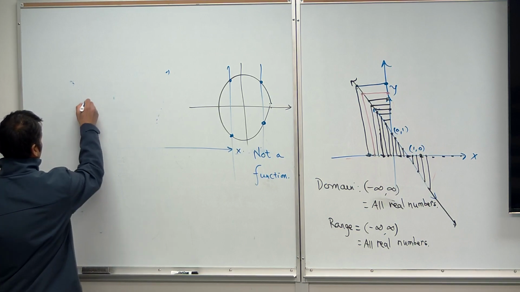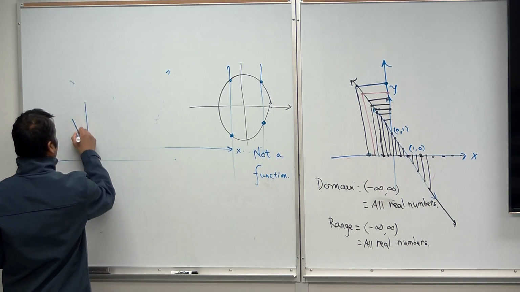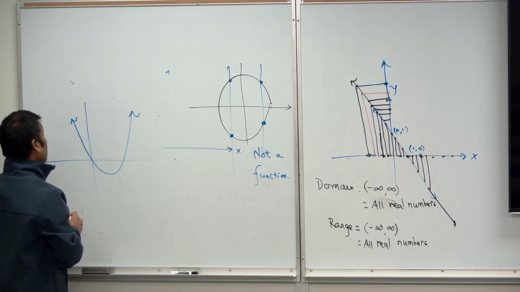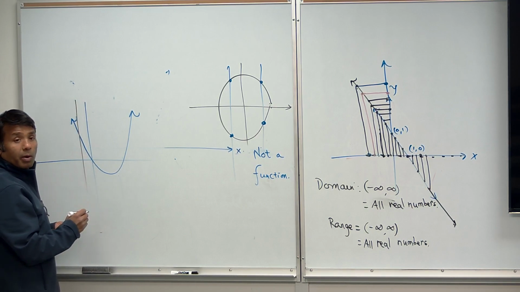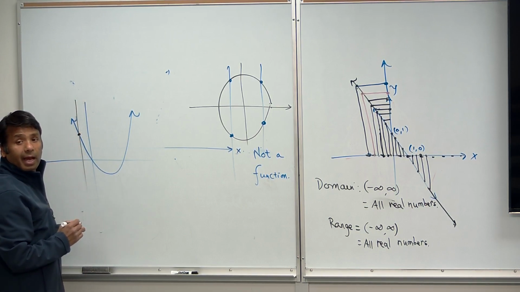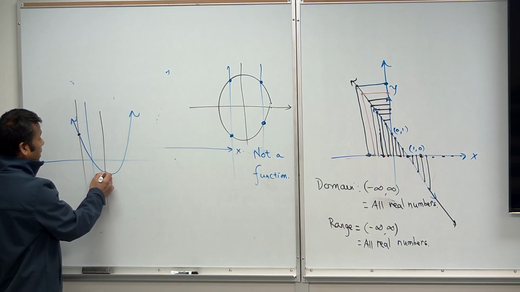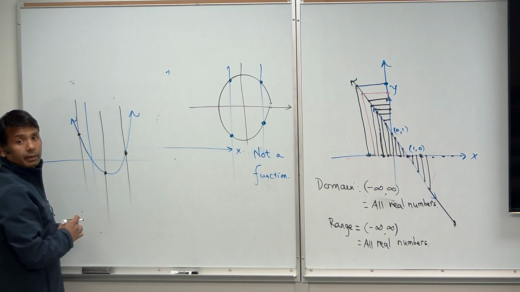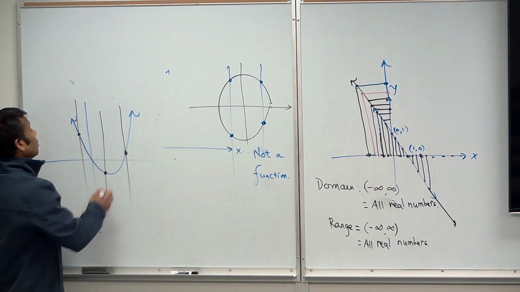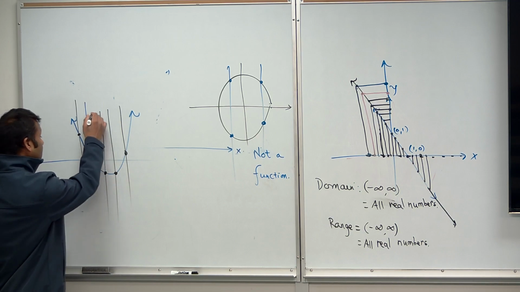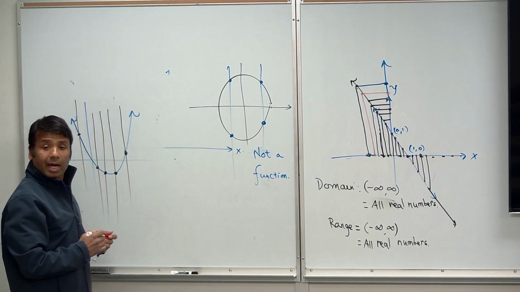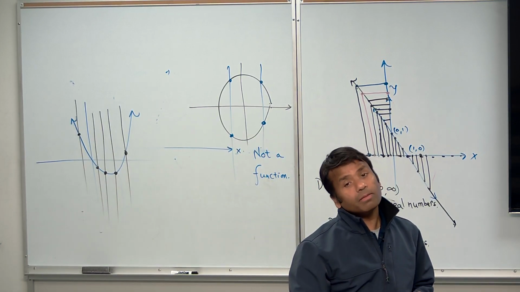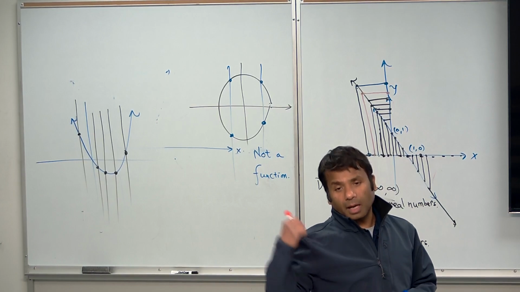Look here. You have a graph like this. Let's draw a vertical line. At how many points does it intersect? Only 1 point. See that? This, how many points? 1. This, how many points? 1. So every vertical line intersects the graph exactly once. So that's why this relation is a function.